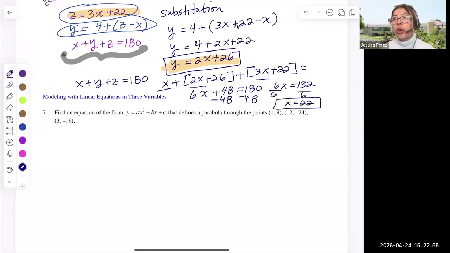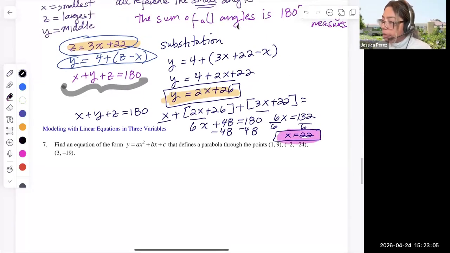So now that I know my smallest angle is 22, I can back substitute. So x is 22. Now the middle angle is going to be y equals 2 times 22 plus 26.